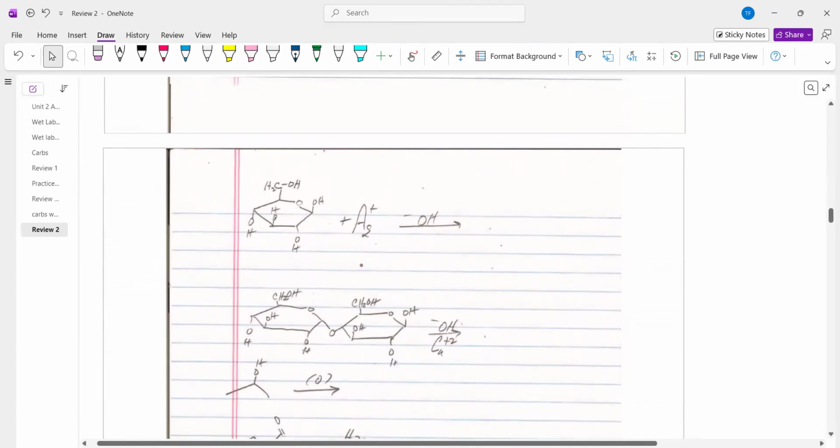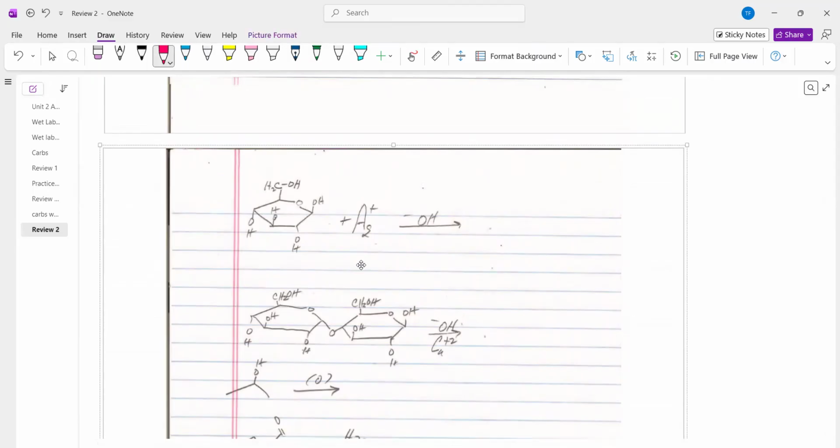Okay, here we have glucose in the Tollens test with silver. So the first step is the glucose has to open up. The aldehyde.